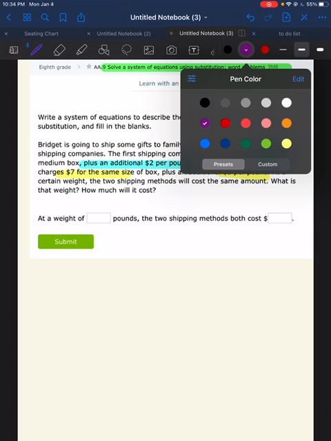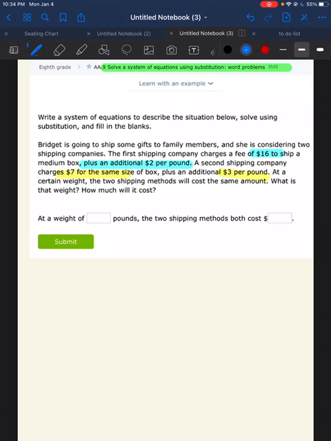So let's do blue. So we have y equals $2 per pound plus 16. And then we have our second shipping company. I will use gold. y equals $3 per pound plus 7.